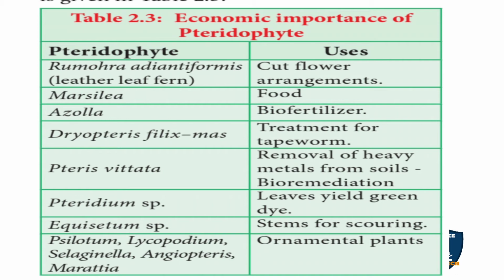Dryopteris filix-mas is used in the treatment of tapeworm. When a tapeworm is in our intestine, it causes some problems. To cure that, Dryopteris filix-mas is used. Pteris vittata removes heavy metals from the soils.